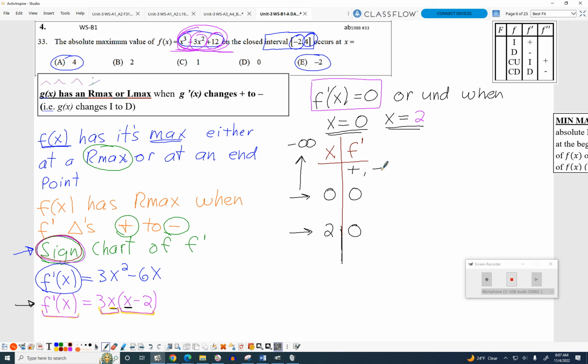Because this function f prime is continuous, which means f prime cannot change from being positive to negative unless f prime has a value of 0. So finding the zeros first allows me to do very little testing to figure out what's happening everywhere else. Not the best answer, but does that help a little? Yeah. Okay. Anybody else?